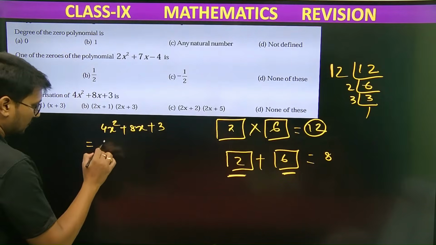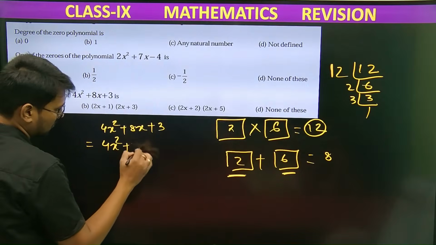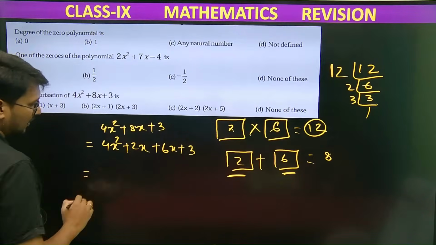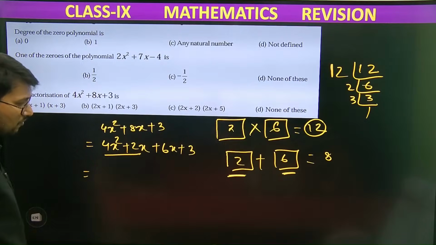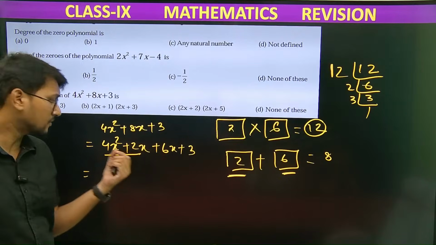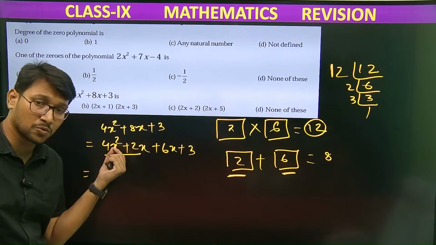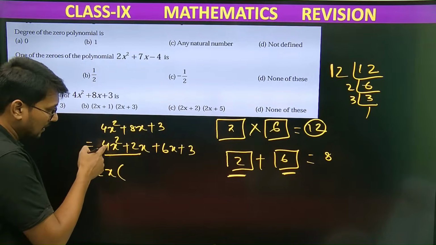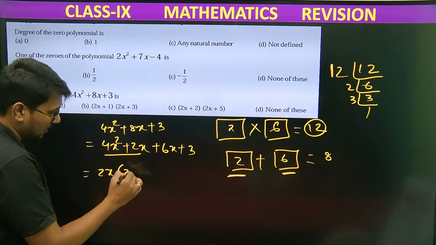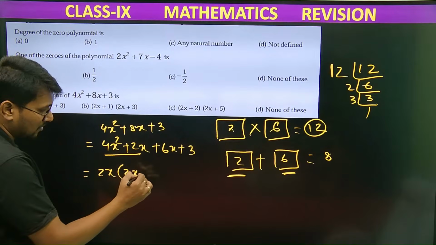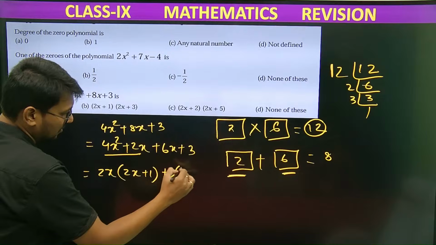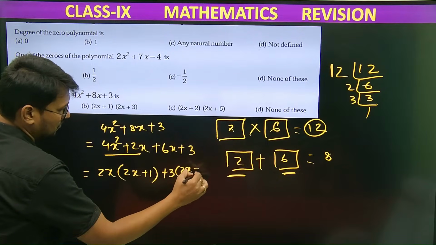So therefore, 4x square plus 2x plus 6x plus 3. Now take the common from here. What is common between these two? 2x. So 2x taken common. What is left here? 2x plus 1. And here 3 is common, leaving 2x plus 1.